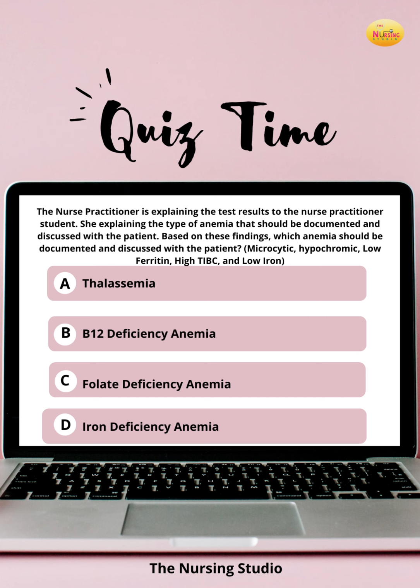All right, all right, all right. So, stem of the question first, and it states based on these findings, which anemia should be documented and discussed with the patient. The findings are microcytic, hypochromic, low ferritin, high TIBC, and a low iron.